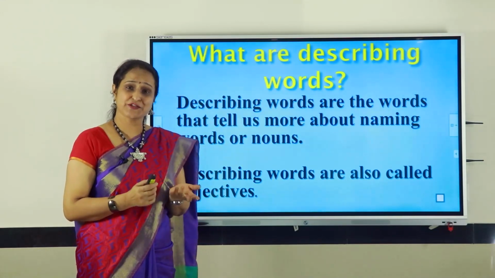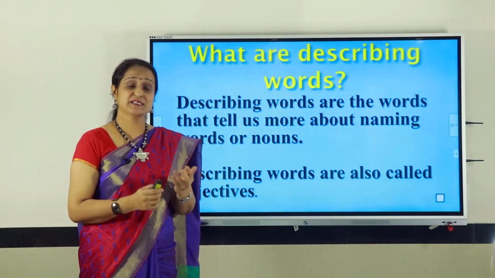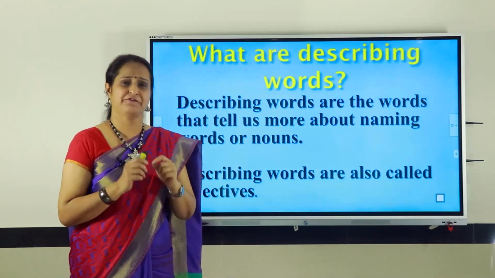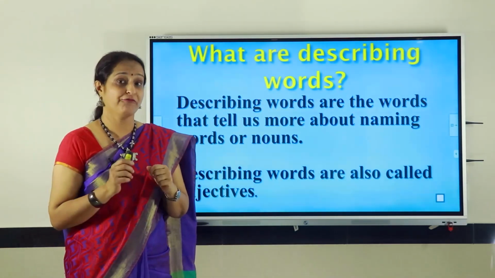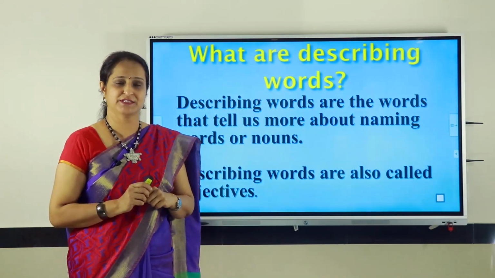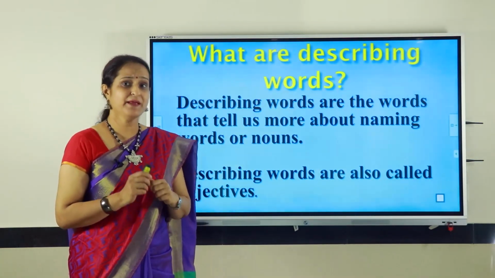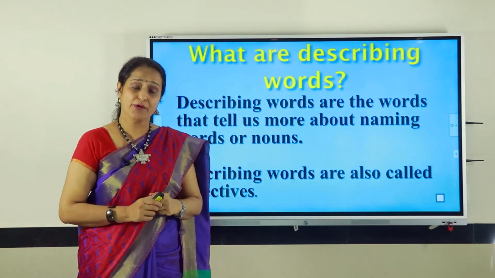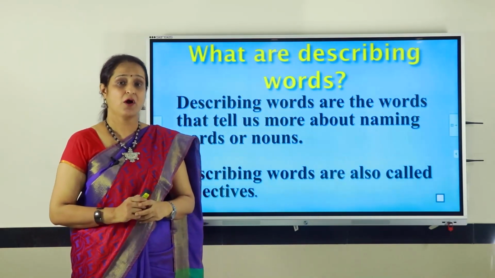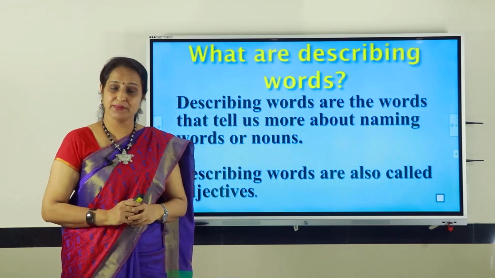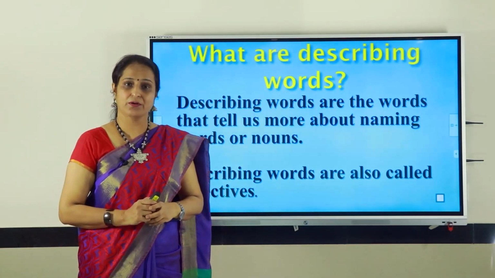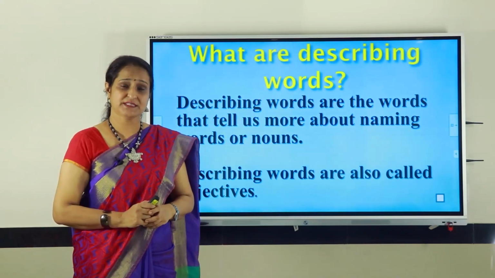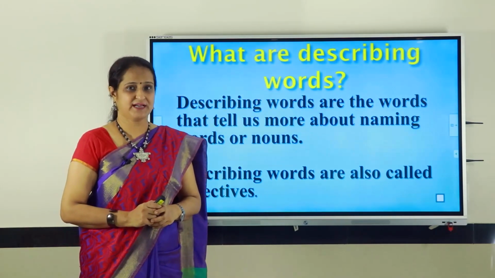After looking at so many pictures and listening to so many examples, I hope you all have got a very clear idea of what are describing words. Describing words are the words that tell us more about naming words or nouns. Describing words are also called adjectives. Yes, children, describing words are also called adjectives.